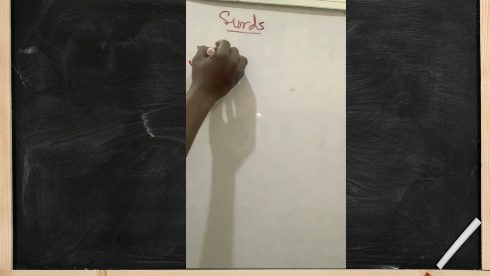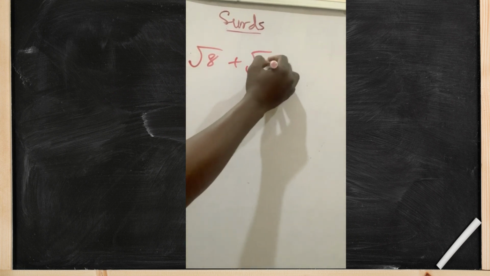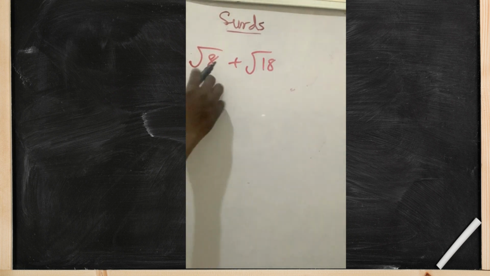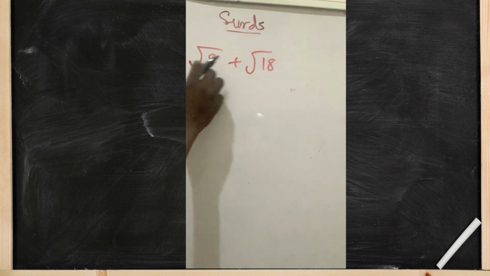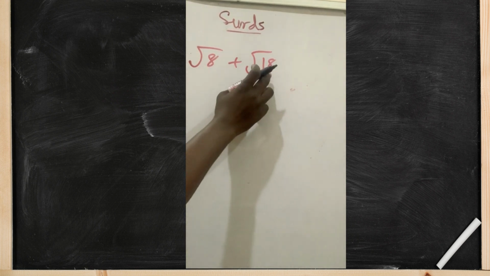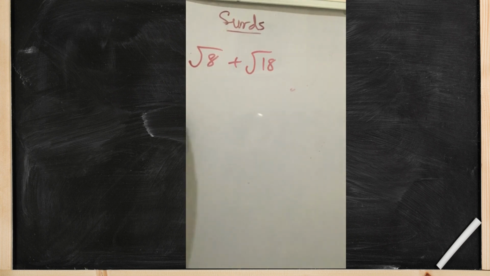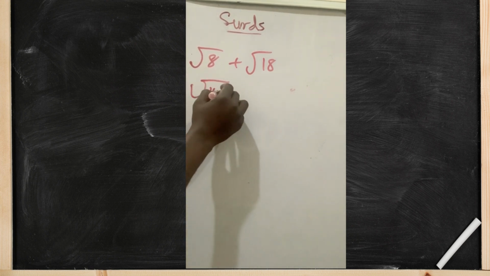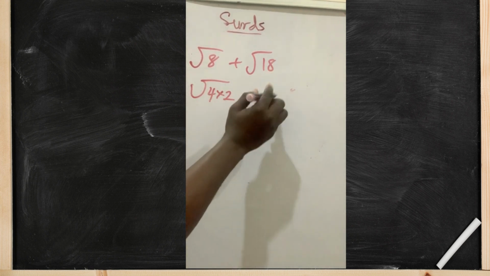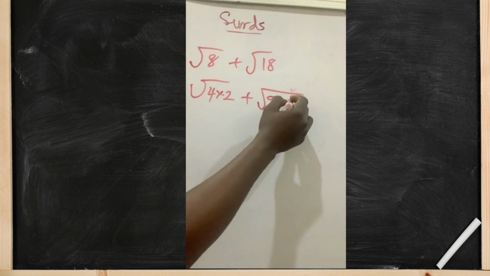Now when you have questions like this, you remember we've established the fact that you can't add this up directly. You must look for a way to get a common factor that will make them become like terms. So what is the perfect square that you can get here? That's square root of 4 times 2 plus the perfect square you can get here, 9 times 2.